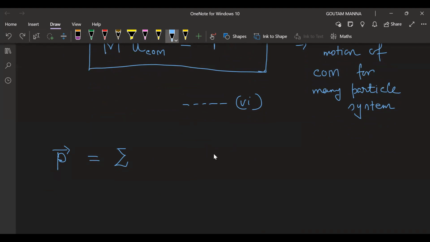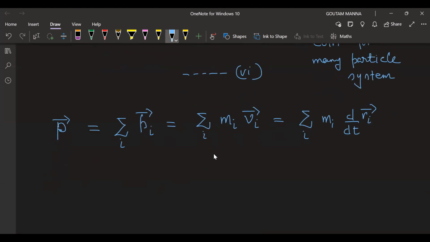So P equals the sum over all p_i, which is equal to the sum over all m_i v_i, where v_i is m_i d/dt of r_i. I am denoting it by capital P.